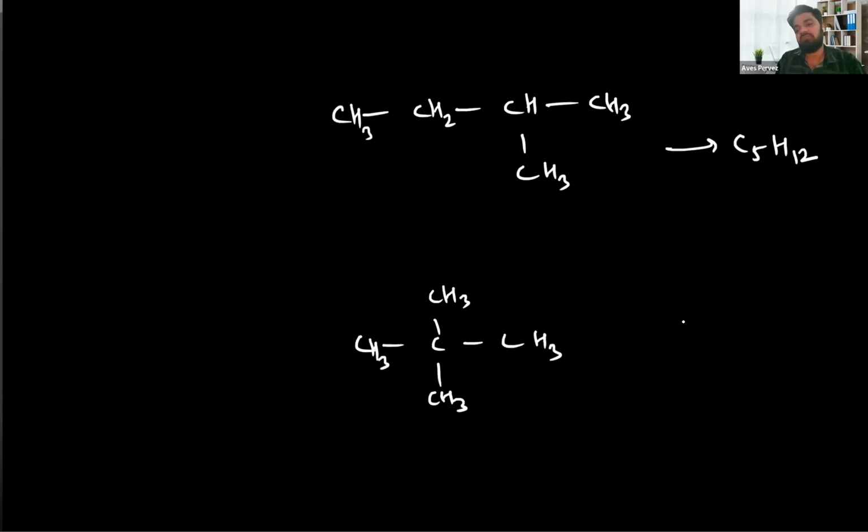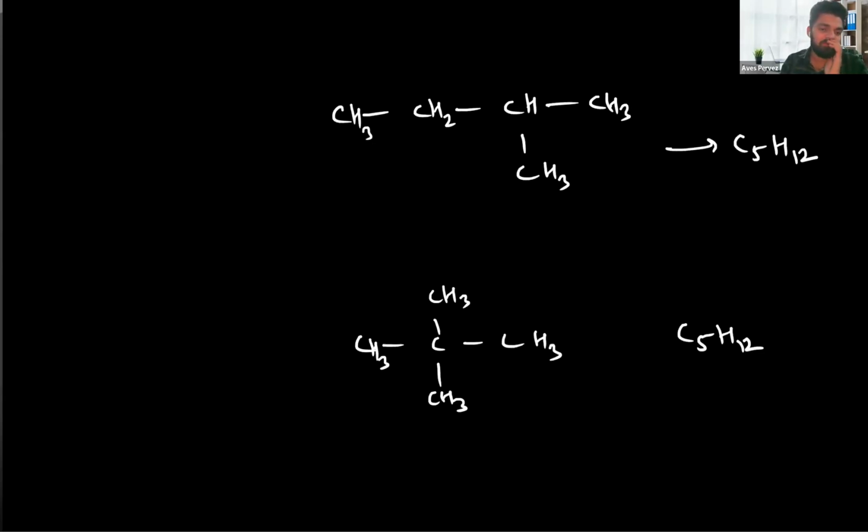This is also C5H12. So all of them have the same molecular formula but different structural formulas. So these are all isomers of pentane, C5H12. The basic one is pentane, but these are all its isomers.